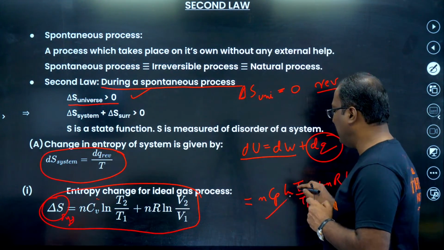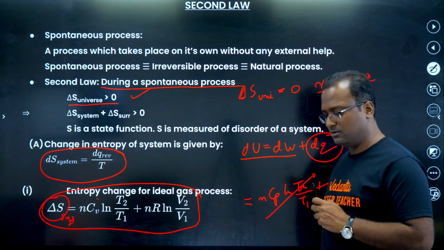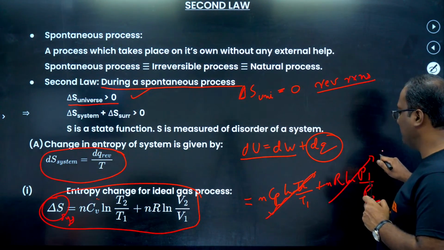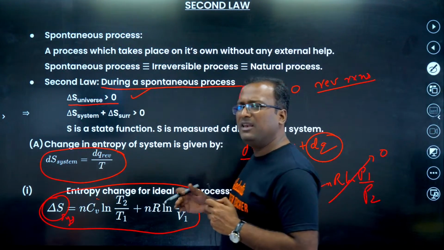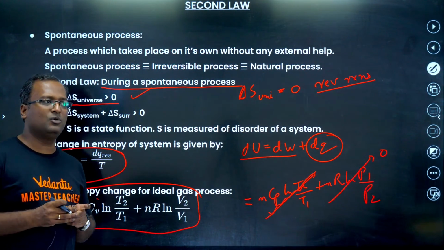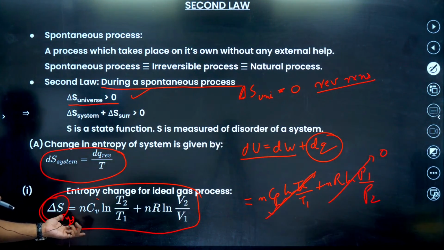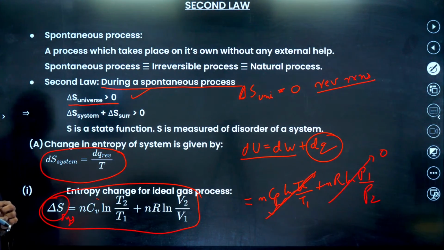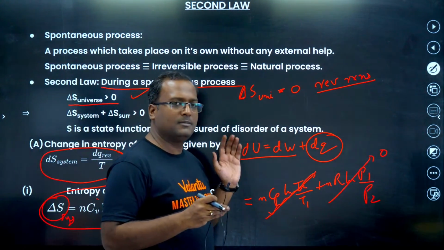So if it's an isobaric process, then this term, the second term, becomes 0. So there are many ways by which you can use this formula depending on the process given. Are you guys understanding? All good?